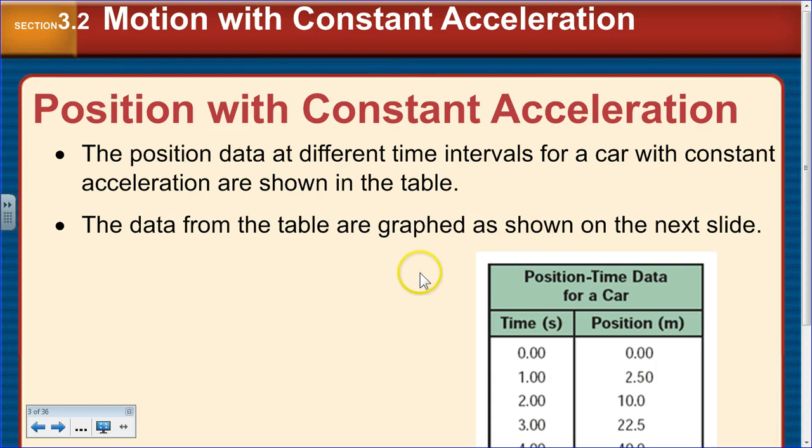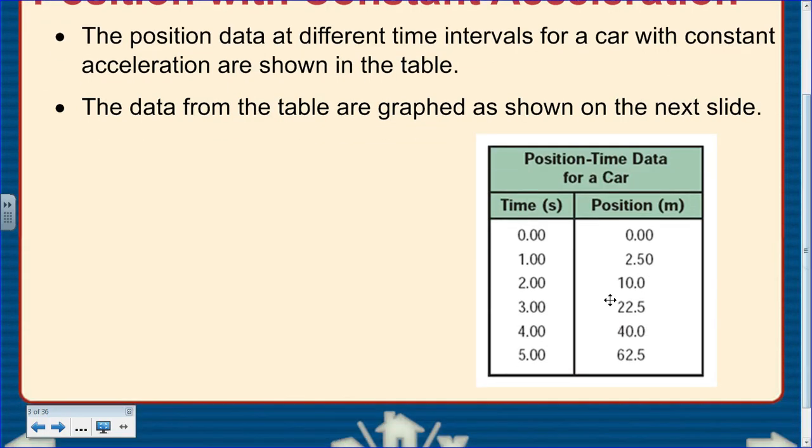Okay, so let's take a look at this idea of positive acceleration or constant acceleration. Here we have position versus time, and as we can see, as the time goes on from 1 second to the next, we're seeing a position change. We notice that the first second only changes by 2.5 meters.